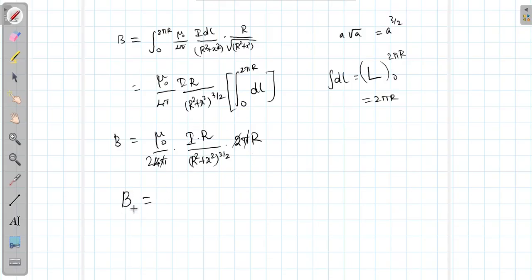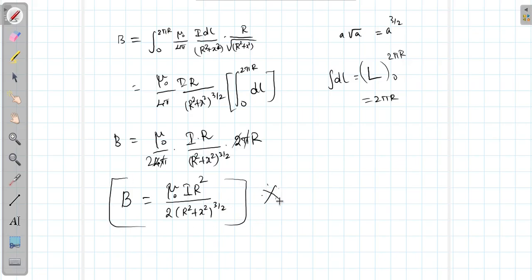Therefore, the magnetic field along the axis of the circular coil is mu naught I r square divided by 2 times r square plus x square power 3 by 2. This is the answer. You just memorize this equation.